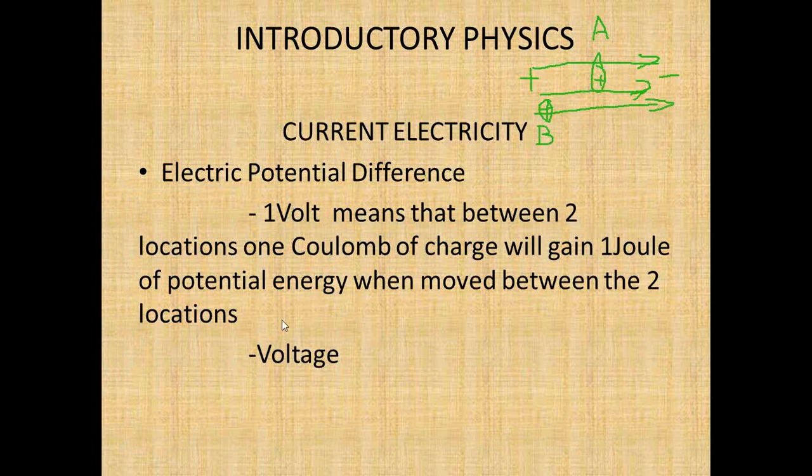And we commonly call it voltage. All right? But in order to move your test charge from A to B, you have to do work. And that work is going to be converted into electric potential. And there's going to be an electric potential difference between the two locations. Electric potential difference is what we call the volts.